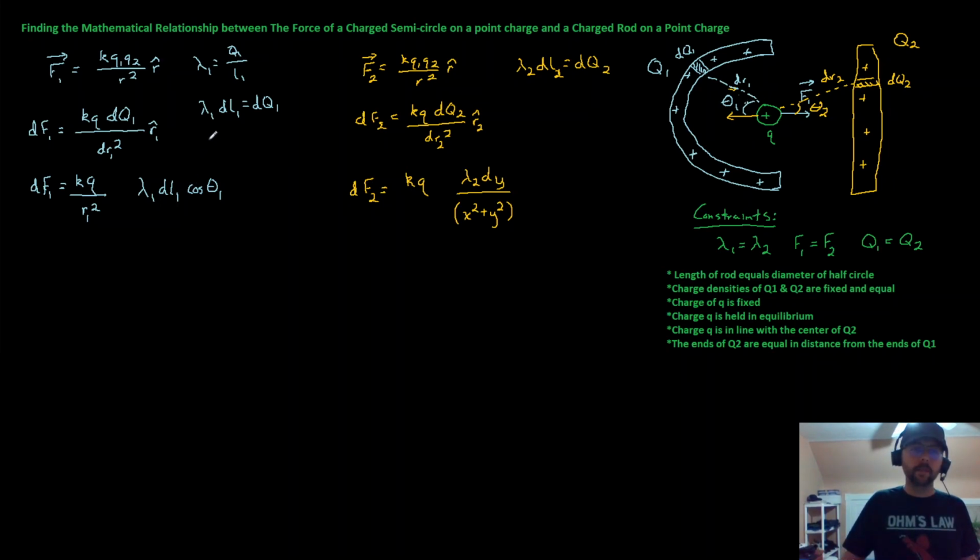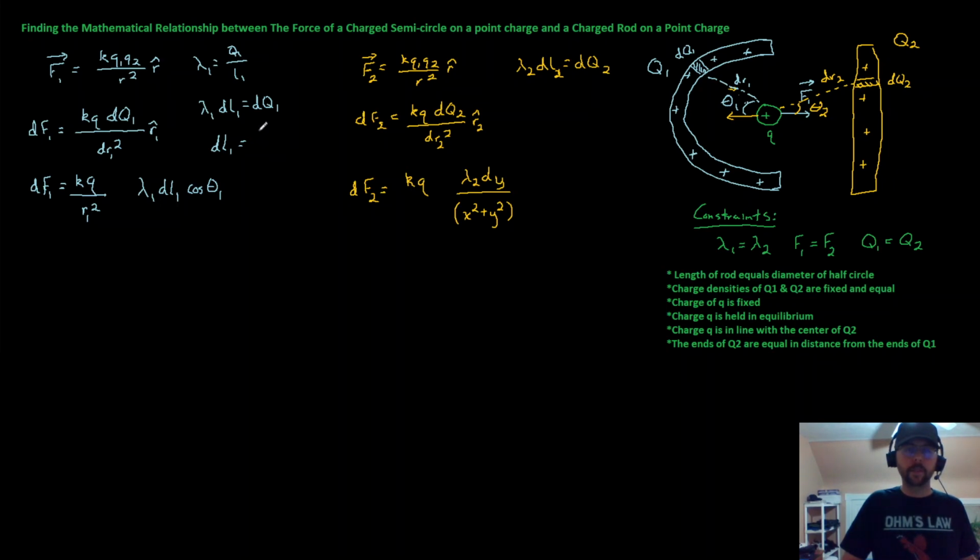So dl represents the length of this, like the arc length, and theta represents this angle. Since dl represents arc length, we can say dl sub 1 equals, what letter do I want to use? I'd actually like to use L, but I already have dl, so it might be confusing.